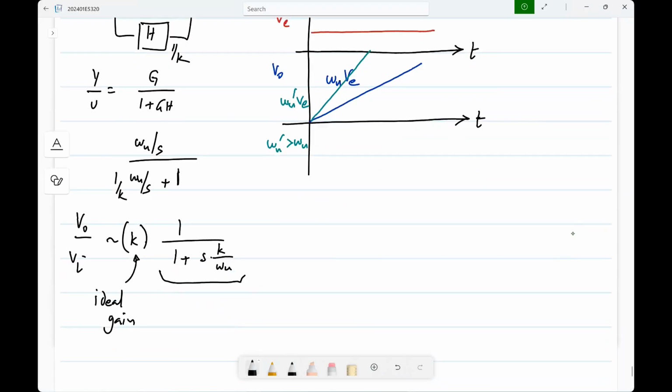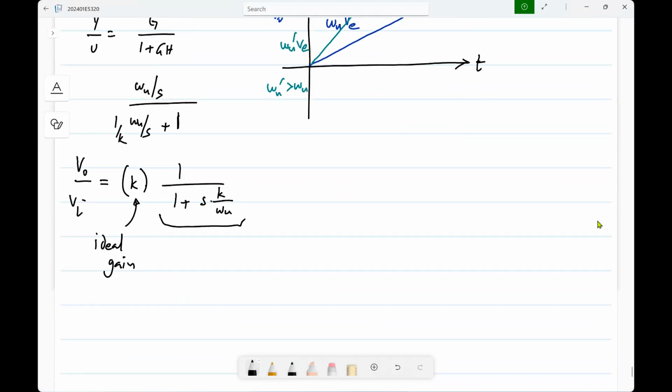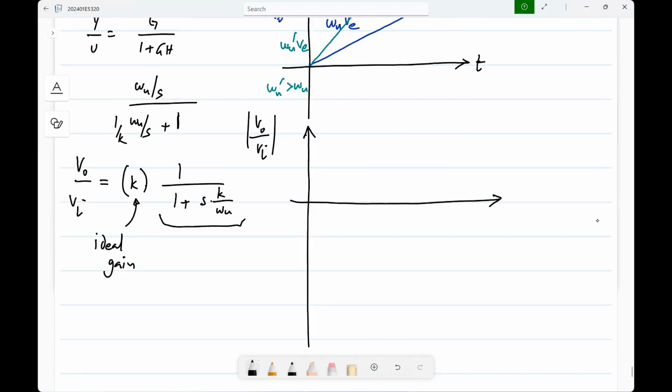This is V naught by Vi, and if I plot the magnitude of V naught by Vi, what will that look like? What is it at low frequencies? Yeah, K. I'll just write it as K.